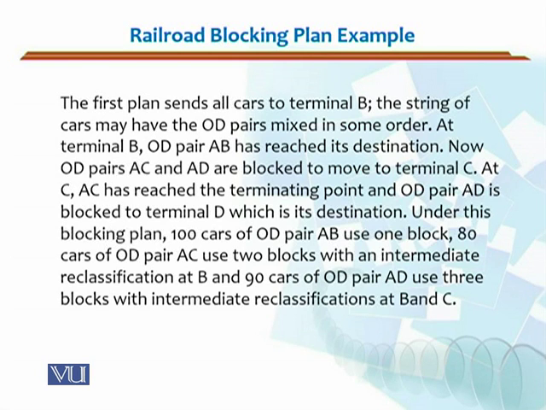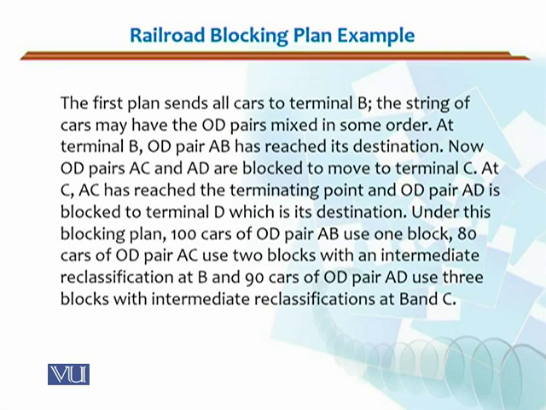Now, the first plan actually sends all cars to terminal B. The string of cars may have the OD pair mix in some order. At terminal B, OD pair AB has reached its destination. Now, the origin destination pairs AC and AD are blocked to move to terminal C. So what has actually happened for the first plan?